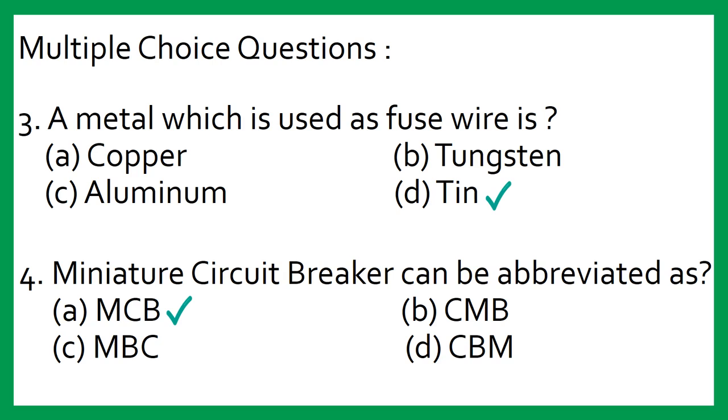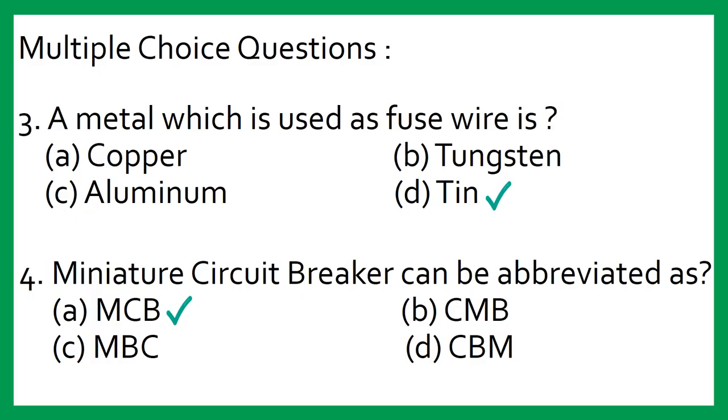Let's now check the correct option for multiple choice questions. Question number 3. A metal which is used as fuse wire is. The correct answer is option D, tin. Some of the students may be considering option A, copper.